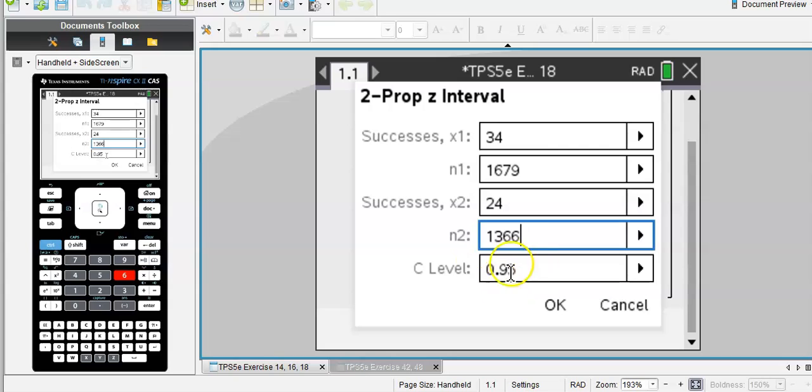I want to make a comment here about the 2-prop z interval versus the 2-prop z test. Now, if we have a 95% confidence level on our interval, we should get the same results as we did for an alpha value of 5% on a two-sided test, because those two are mirror images of each other if you're doing a two-sided test versus a confidence interval.